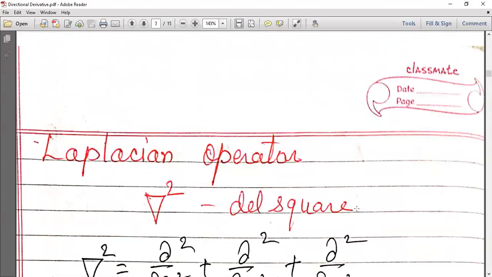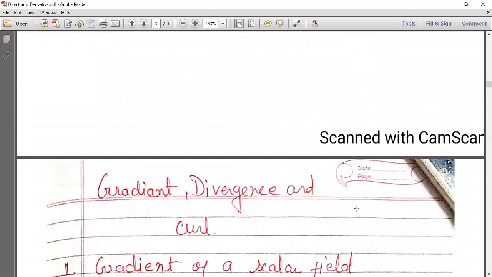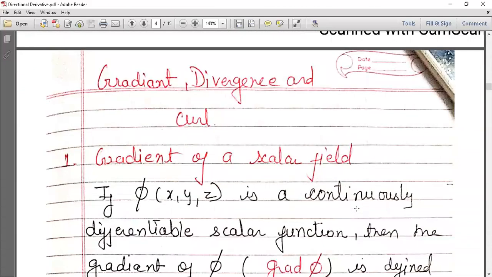Now with this operator, we define three different operators, or functions, for vectors: the gradient, the divergence, and the curl. This is a very important topic, and from this point our vector calculus will form proper questions.